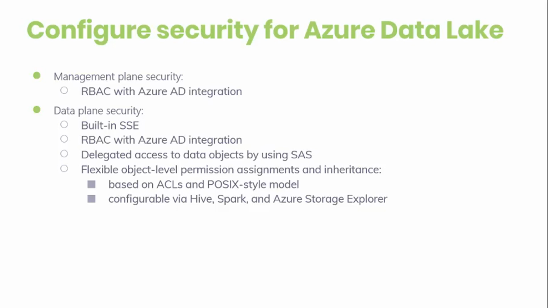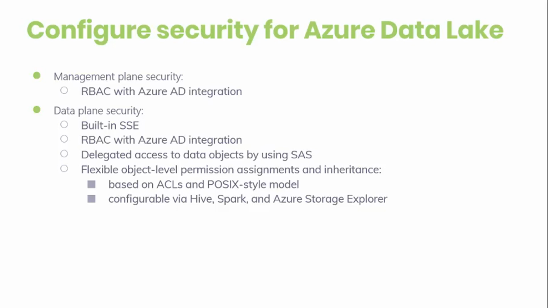Azure Data Lake Storage Gen 2 is the result of converging the capabilities of our two existing storage services, Azure Blob Storage and Azure Data Lake Storage Gen 1. Features from Azure Data Lake Storage Gen 1, such as file system semantics, directory and file level security, and scale, are combined with low-cost tiered storage and high-availability disaster recovery capability from Azure Blob Storage.